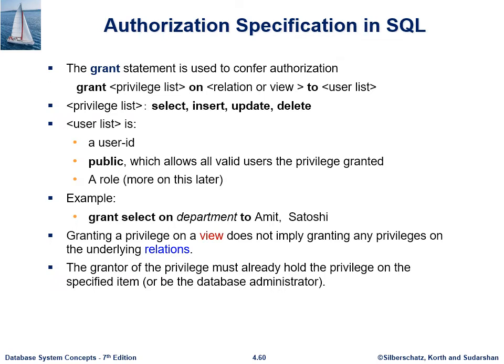That means we can change the view, but it does not mean we can change the relations. Also, if we grant a privilege to a person, we must already have that privilege. In fact, the top person who has all the privileges is the DBA.